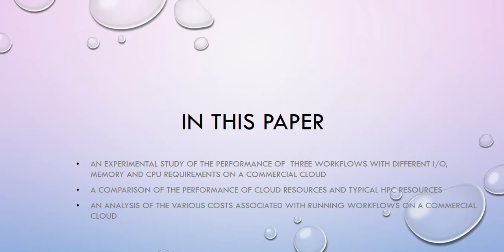So in this paper, what they have talked about is that they are using an existing commercial cloud, Amazon EC2, in order to assess the potential of currently developed clouds. They analyze the cost of running the experiment on EC2 and compare the EC2 performance to a typical HPC system, the NCSA Abe cluster.